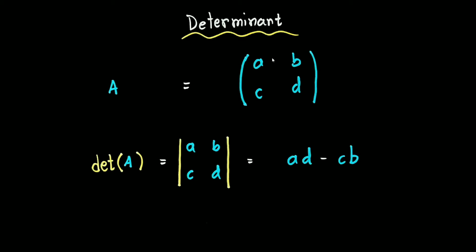If the matrix is A, B, C, D, then the determinant of A, the modulus of the matrix, is equal to AD minus CB. This right here is the formula for the determinant of a matrix if the matrix is defined as such, A, B, C, D.